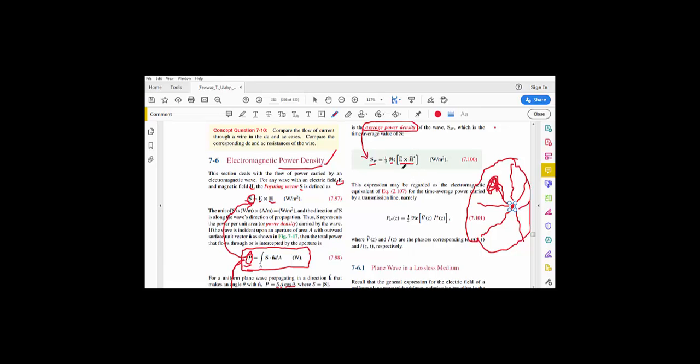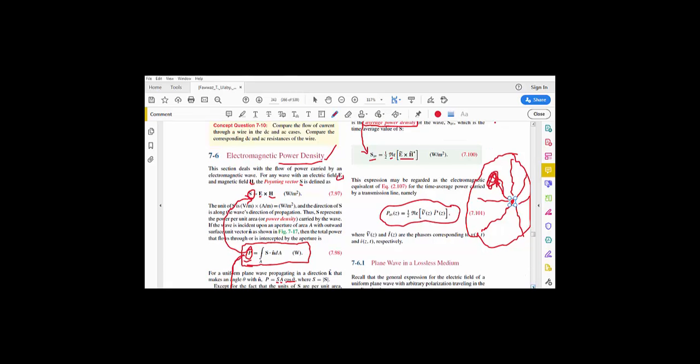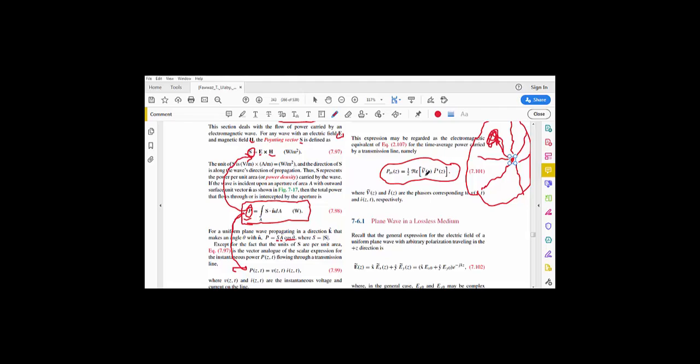That will give us the average value of the power density. And in case of the power, for example the power carried by a transmission line, same thing, we are talking about the real part of the product of the voltage times the conjugate of the current. And as we said, we will discuss this in the future.